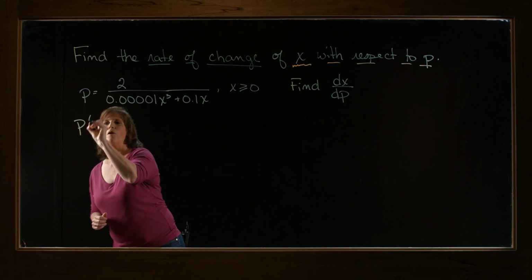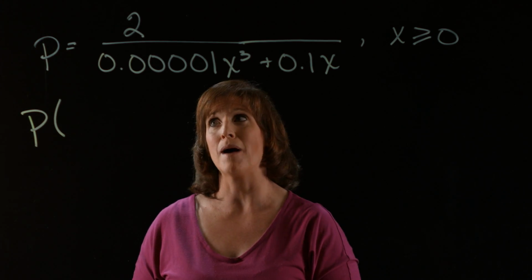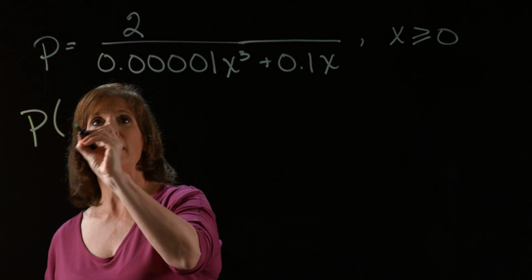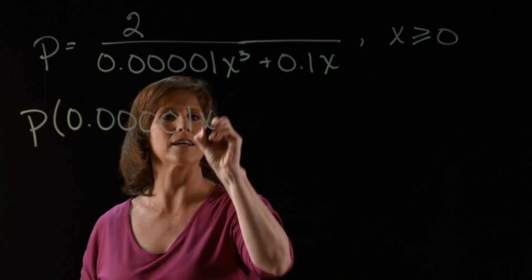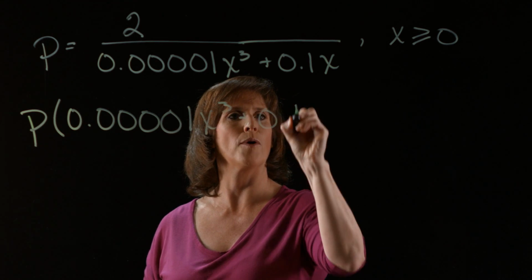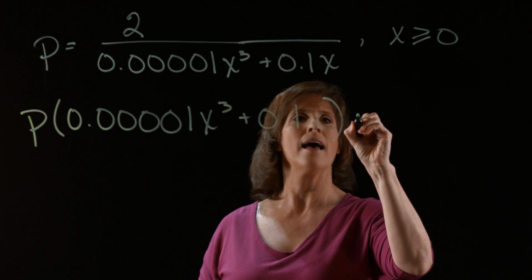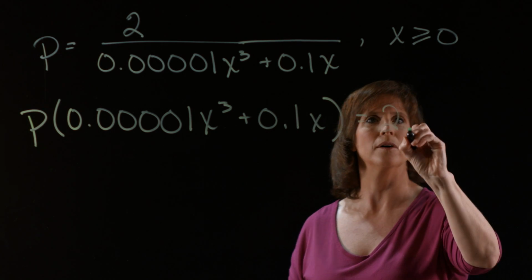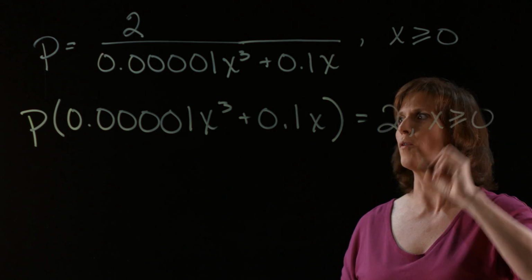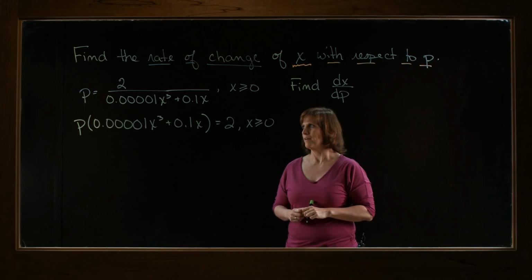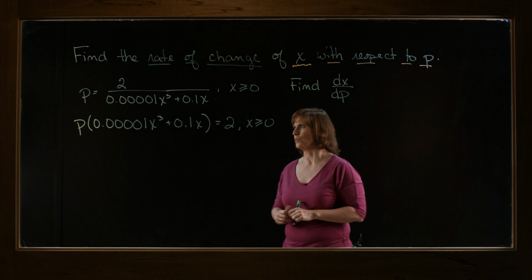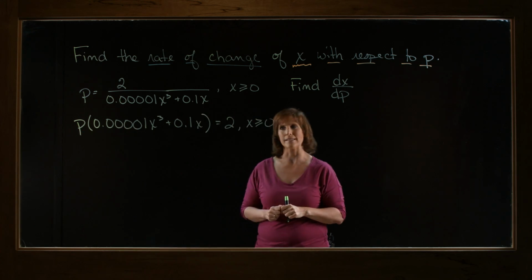What I'll do is I'll multiply both sides of that equation by my denominator. So I'll have p times the quantity 0.00001x cubed plus 0.1x, and that's going to equal 2 when x is greater than or equal to 0. All right, well, I've avoided the quotient rule now, but I'm going to need the product rule to take the derivative of that left-hand side.